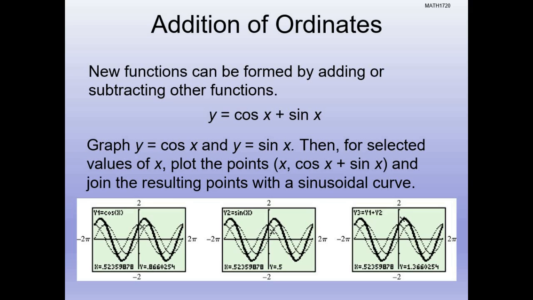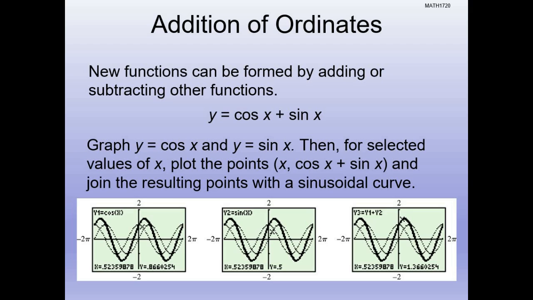If you put cosine into y1 and sine into y2, then y3 you can either say is cosine x plus sine x, or you can use the y1, y2 variables in your calculator, since you stored cosine as y1 and sine as y2. Then we can see what the addition of those two curves does to each other.